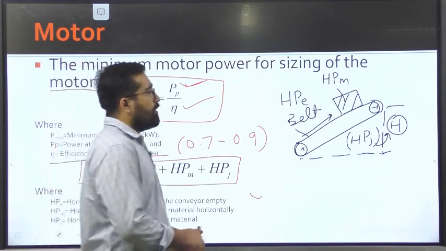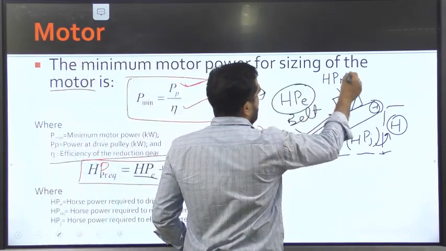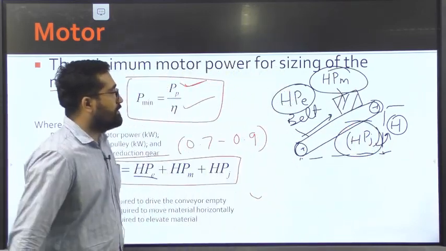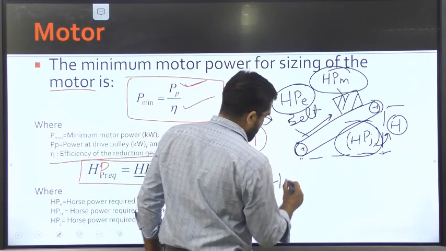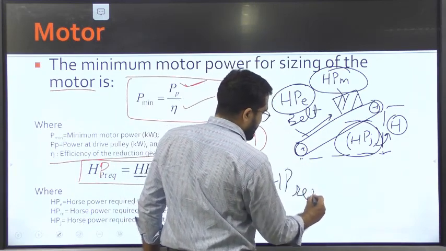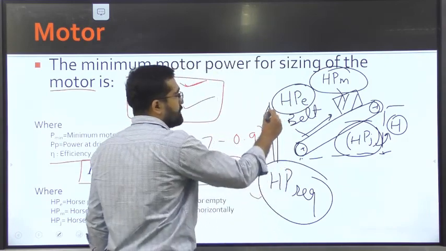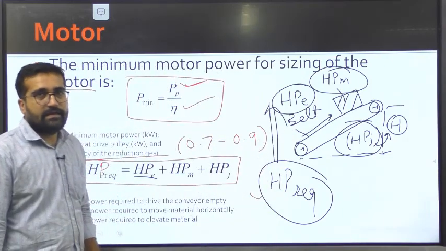When we add all three, the empty belt, the material and the elevation, we get the HP required. That much energy we need to run this belt conveyor. Okay, clear?